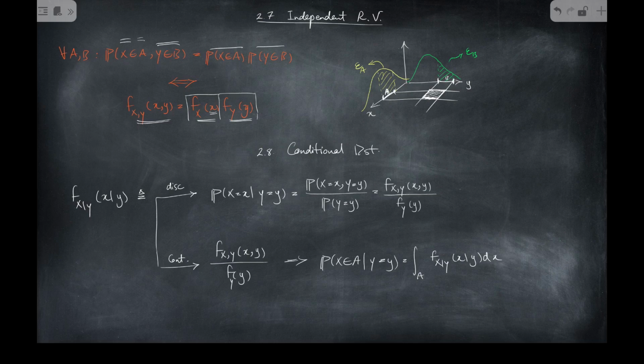Okay, so this is my f of x, and this is my f of y, and the area under this curve is basically the probability of y being in B, and it maps to some events in the sample space, and the probability of x being in A is the area under this curve, and this also maps to something in the sample space.